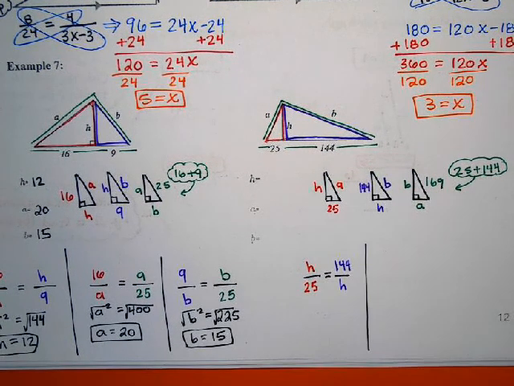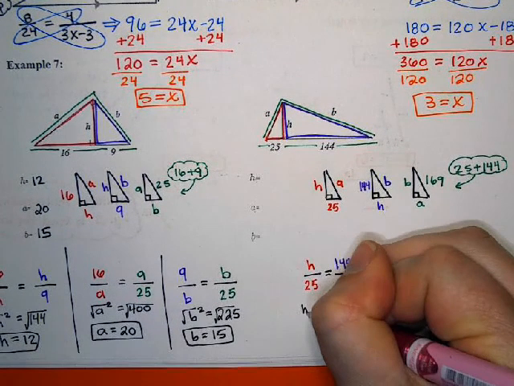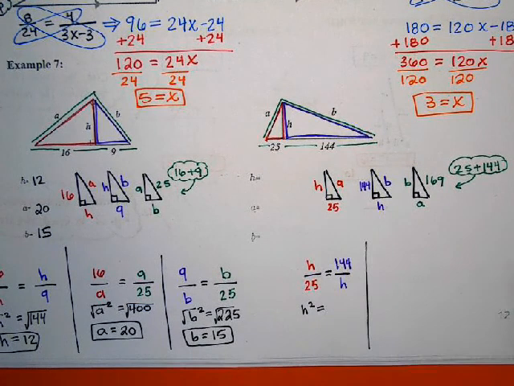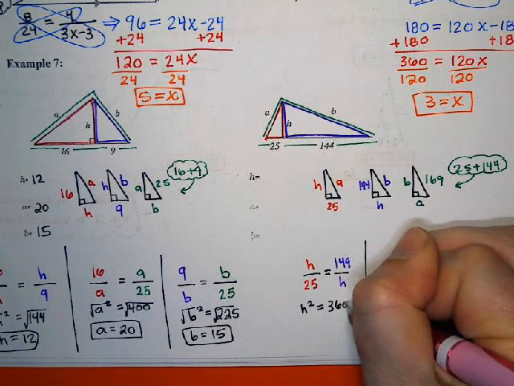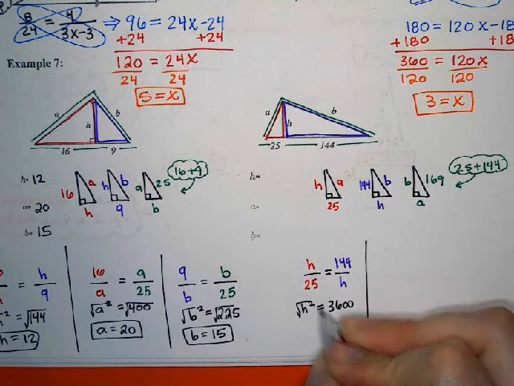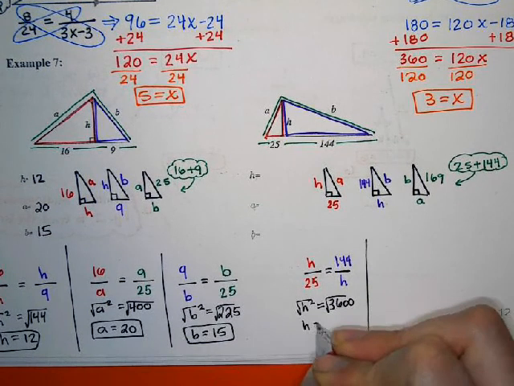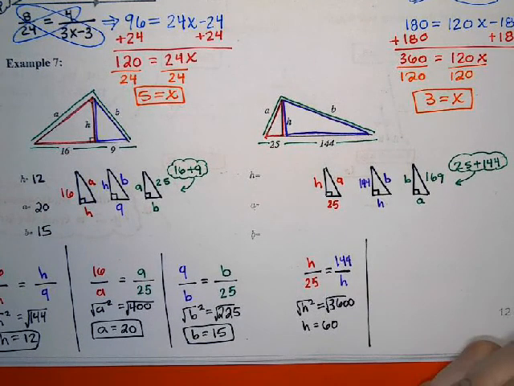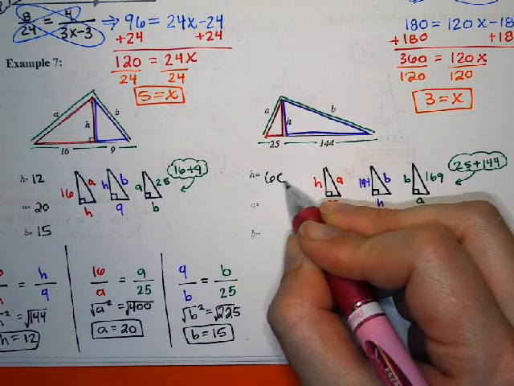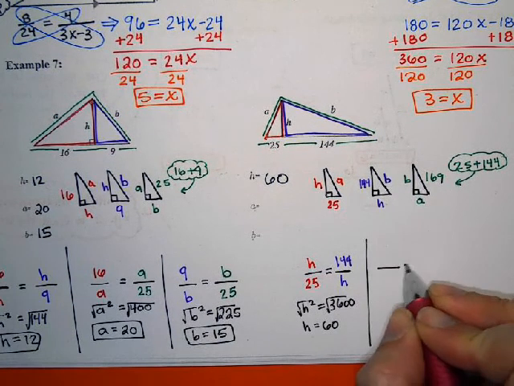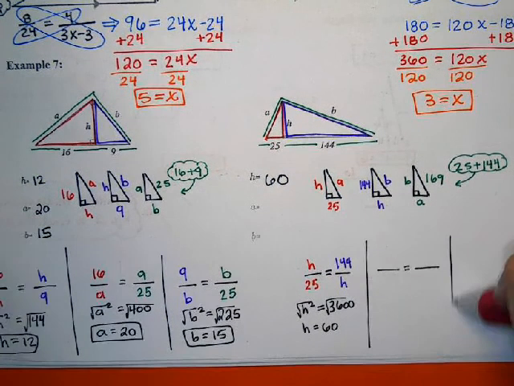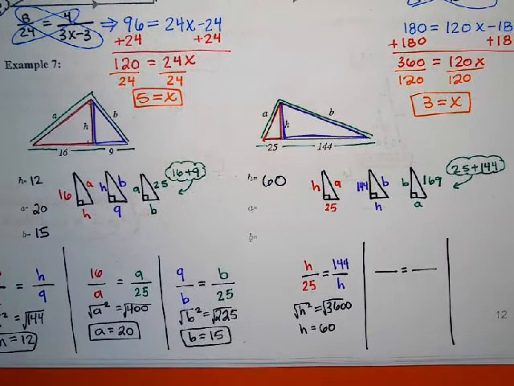The purple H. 144 over H. Good. That gives me H times H is H squared. 25 times 144. Ooh. Square root it. And you get 60.